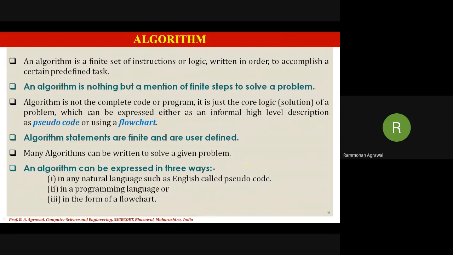So an algorithm is nothing but a mention of some finite steps in order to solve a problem. Every time we face any problem, we definitely write an algorithm in order to solve that problem. This algorithm is user defined.